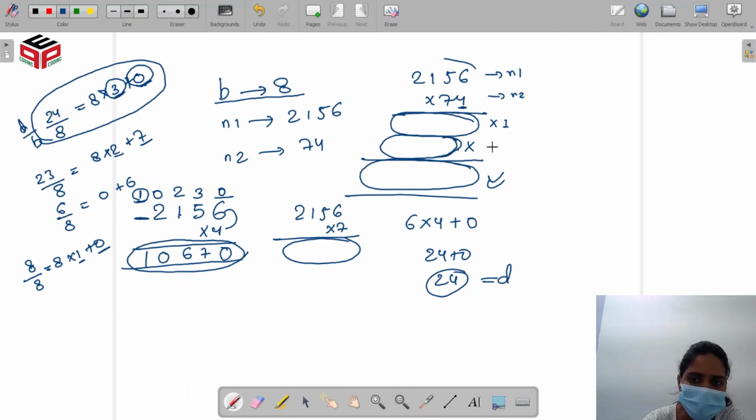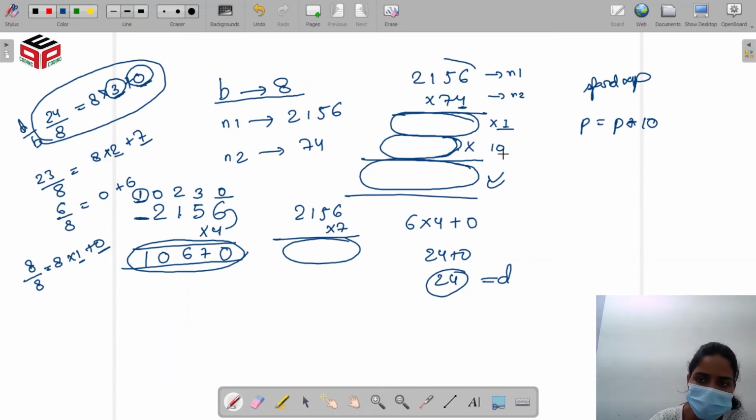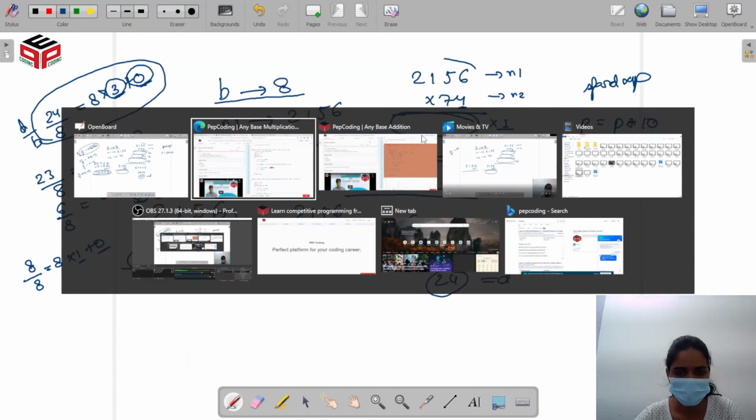Therefore, I'm multiplying this by 10. As I have written sprd multiplied by p, initially p is 1, so I don't want to shift it. But p equals to p multiplied by 10, so that the next time the number is multiplied, it will be multiplied by 10 and shifted one place. Fine. Therefore, I multiplied it.